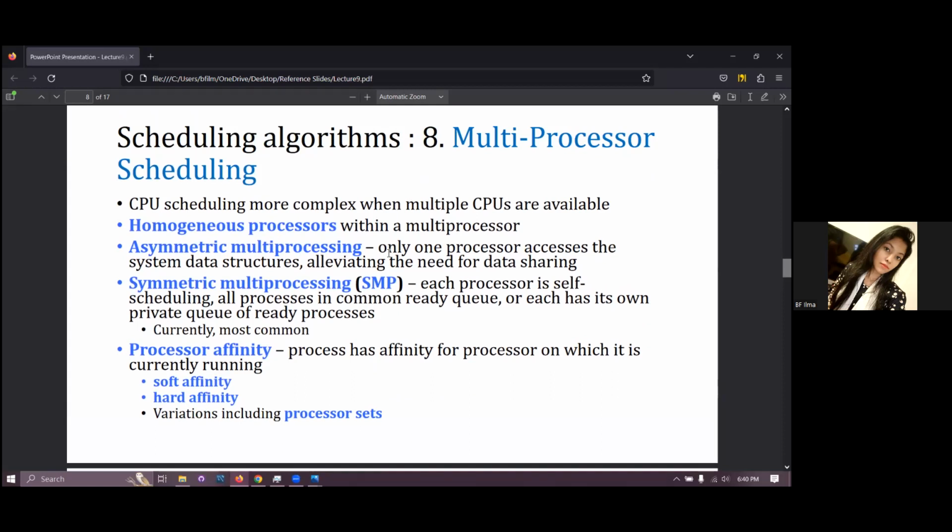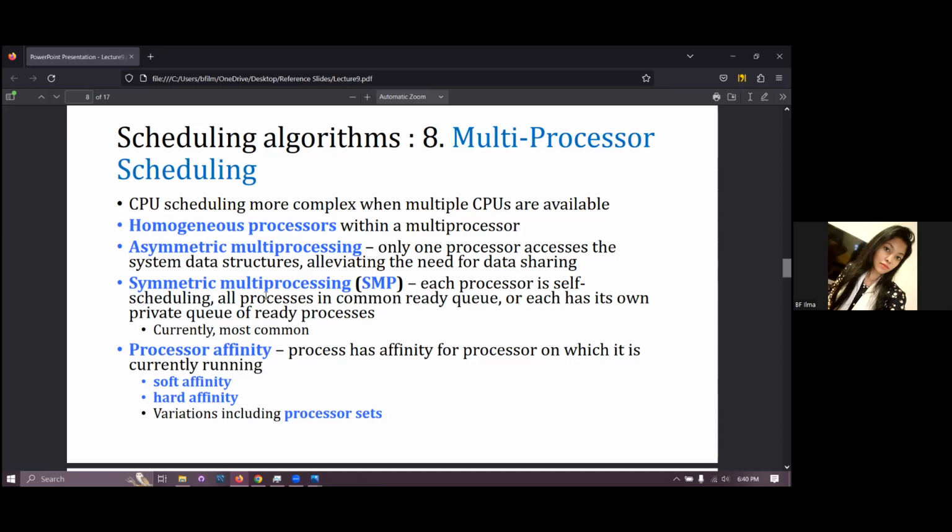Here, one processor acts like the master, controls all activities and runs the kernel code, while the other processors run the user code. So critical system data isn't shared among processors.